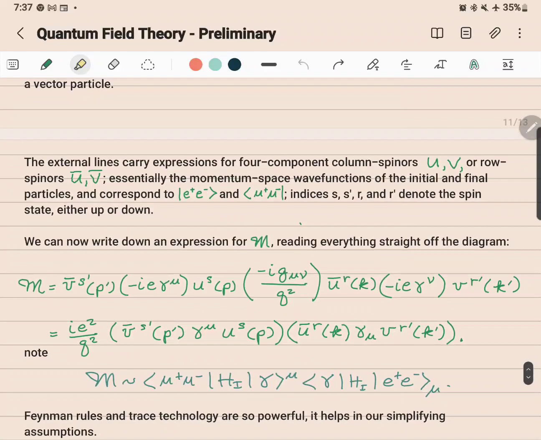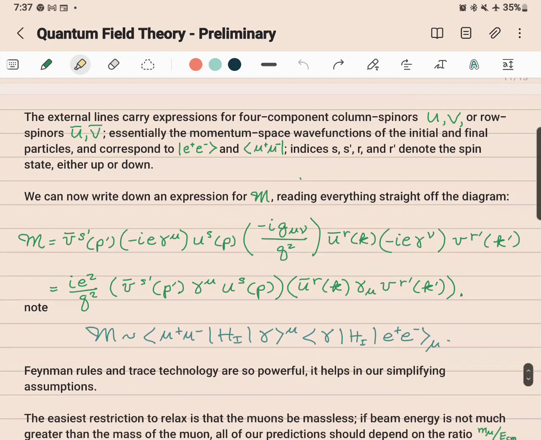So we can now write down an expression for M, reading everything straight off the diagram. We have the positron, the electron, and then the vertex, and then the photon, and then we have the muon, the anti-muon, and the vertex.